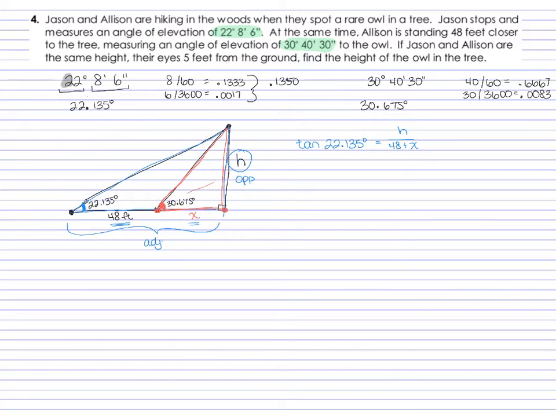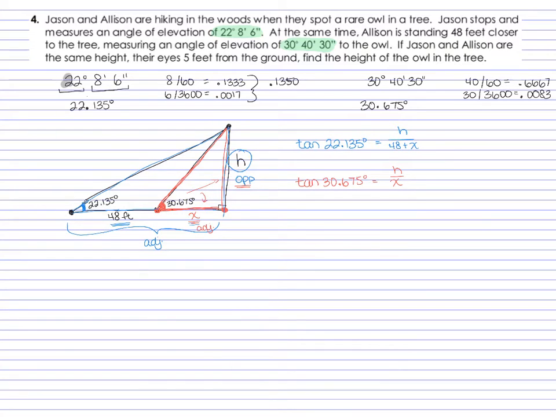In this triangle, the height is still my opposite side, and that x side is now my adjacent side, just x, not the x plus the 48, because now we're talking about this smaller triangle here. So now I can create another equation. I've got that the tangent of 30.675 is h over x. Two equations, two variables. This is now solvable.